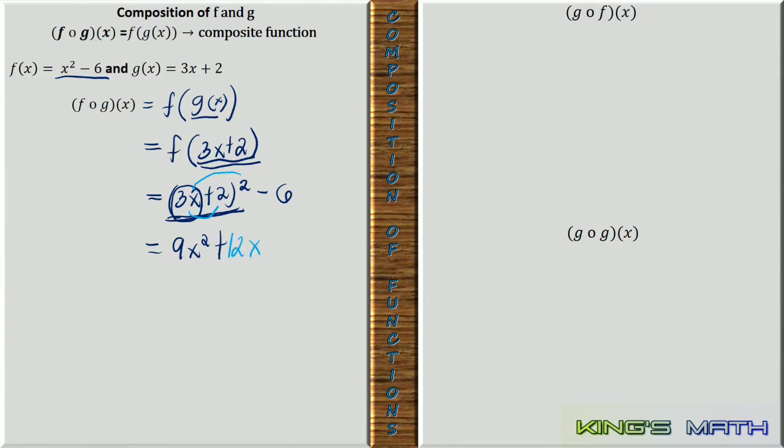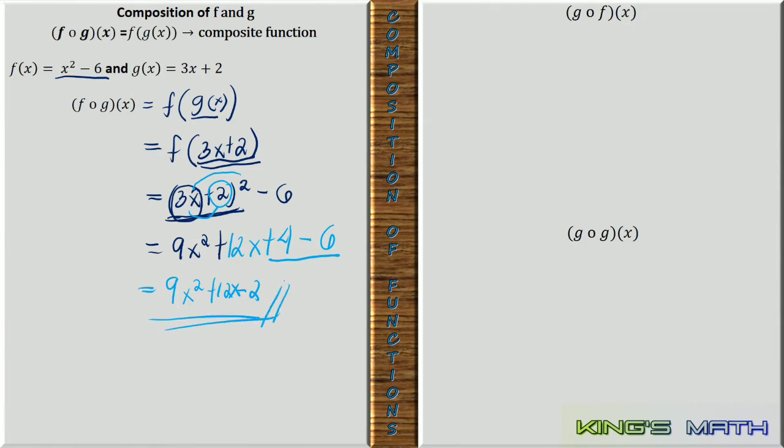And then we're going to square the last term, that is 2 squared or 2 times 2 is positive 4, minus 6. And then we're going to combine similar terms. Then we're going to have here 9x squared plus 12x. 4 minus 6 is negative 2. And that will be our final answer.